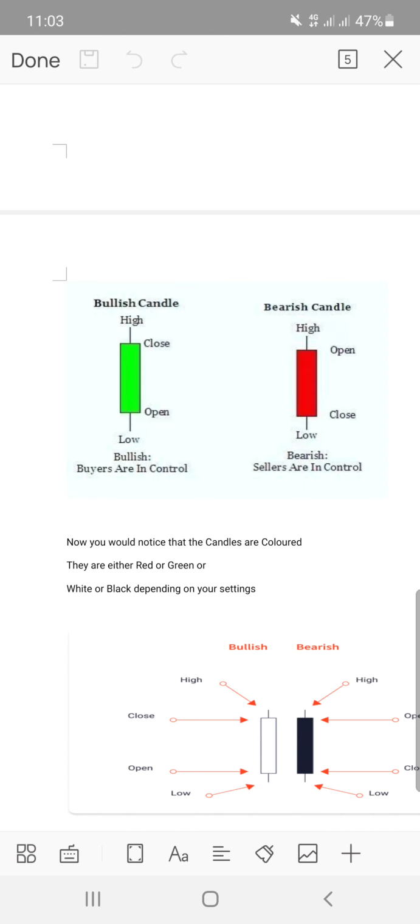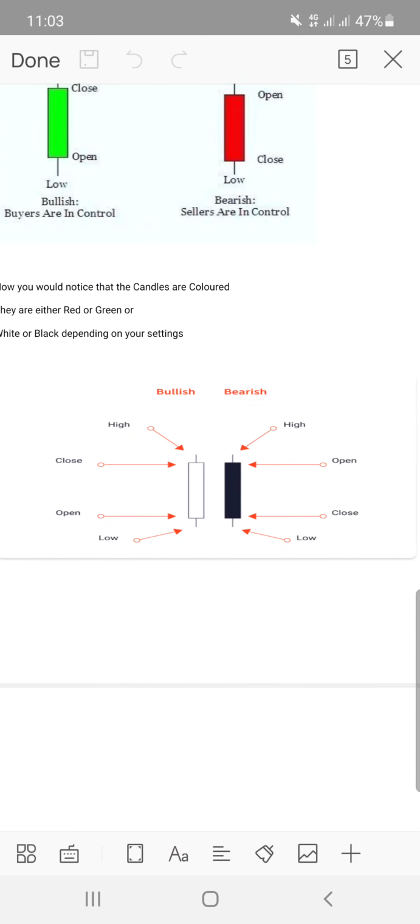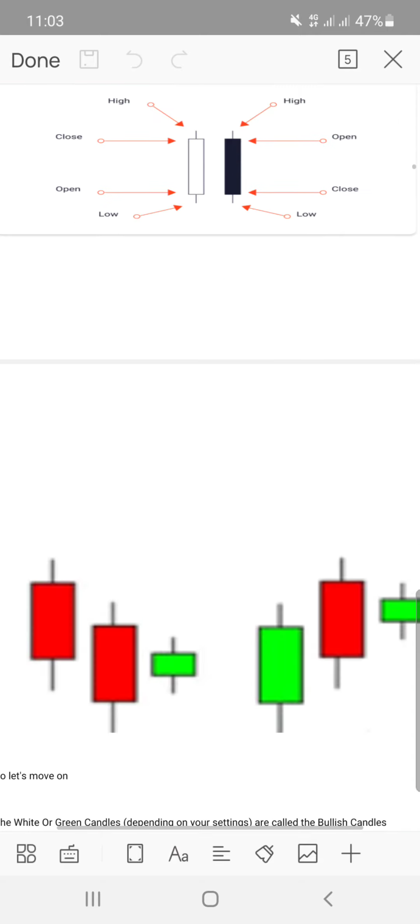You understand? Like I said before, bullish candles can be represented as white or green, while for a bearish market, when the bears are in control, it can be represented as black or red. You understand?